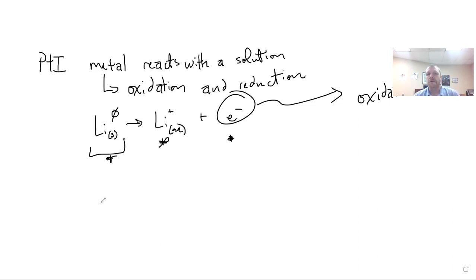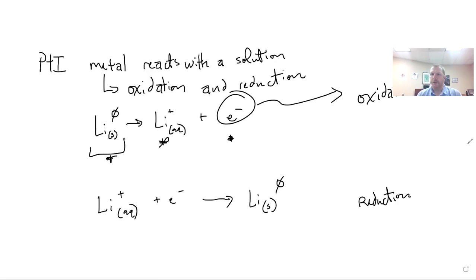Now, if you rewrite this, and again, you're reading from the left to the right, if you rewrite this as Li+(aq) plus e-, so that would be a lithium cation adding an electron, and you form Li(s) with no charge whatsoever, that would be an example of reduction.